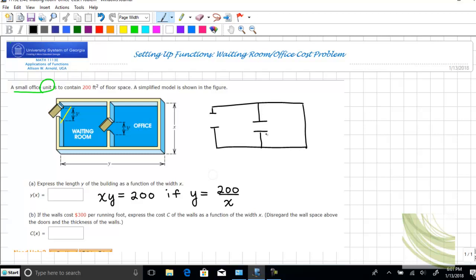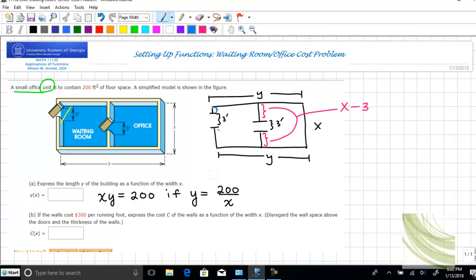Okay, so there's a missing 3 feet here and here. This is y still. This is x. This is also y. Now, internally though, this space plus this space total x minus 3.